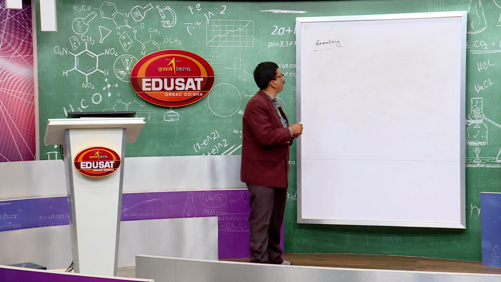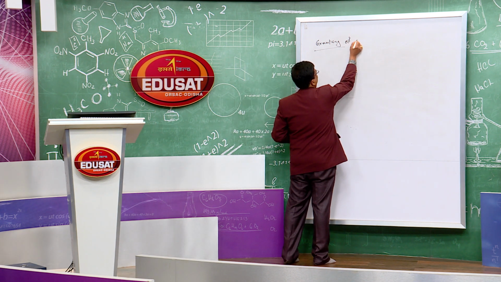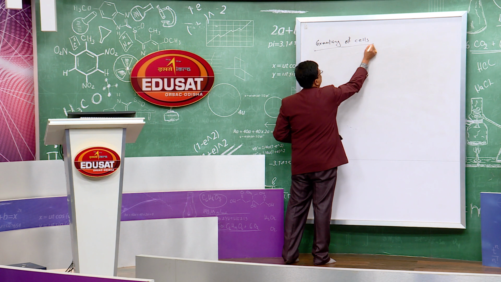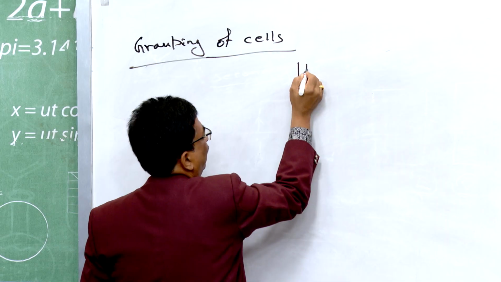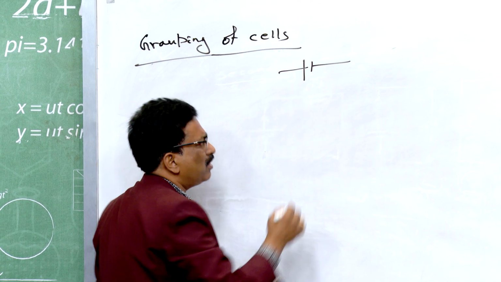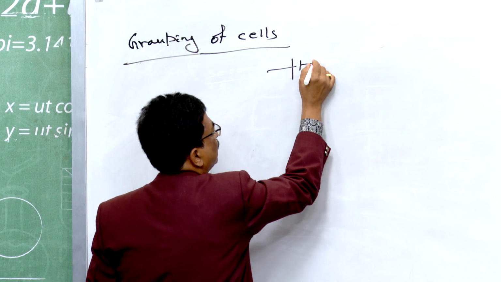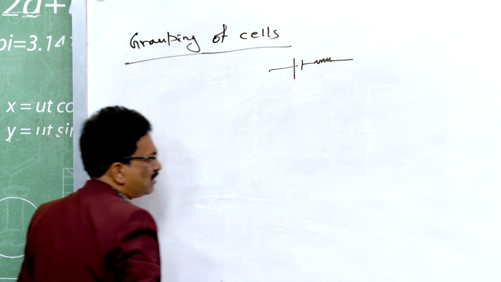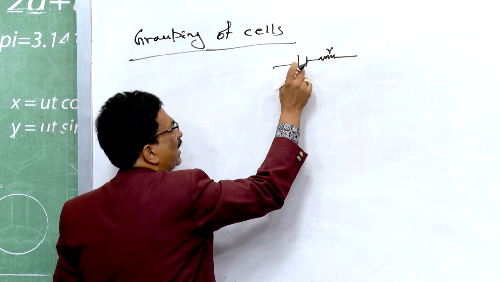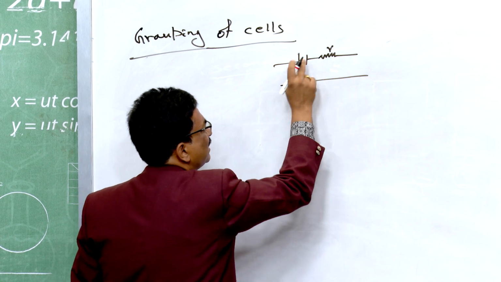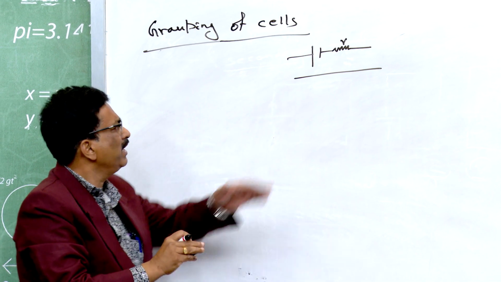So here, the grouping of cells. When the cells are taken, as I have written, for the cell you will use this symbol, or due to its internal resistance, as I said earlier in chemistry, you can draw it with the internal resistance. This is the single cell representation. Very simply you can write this.